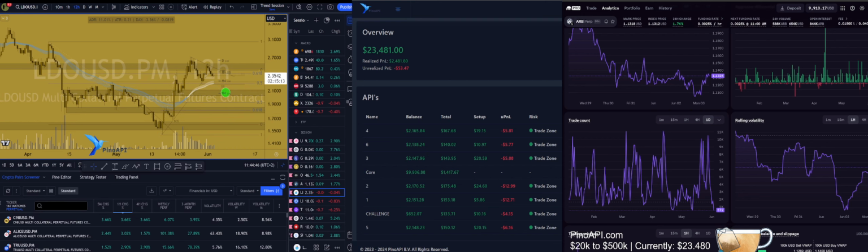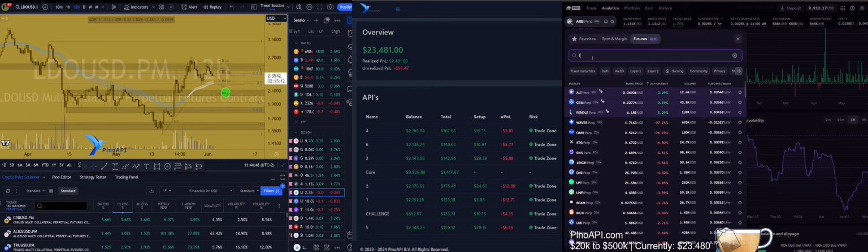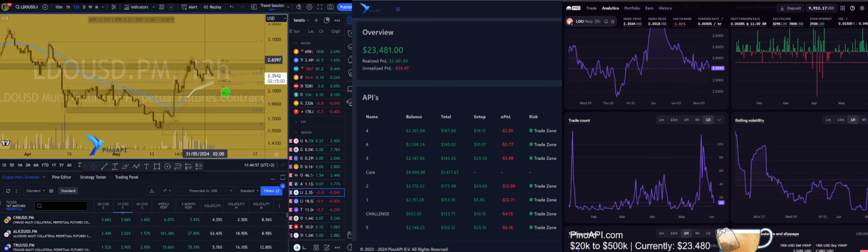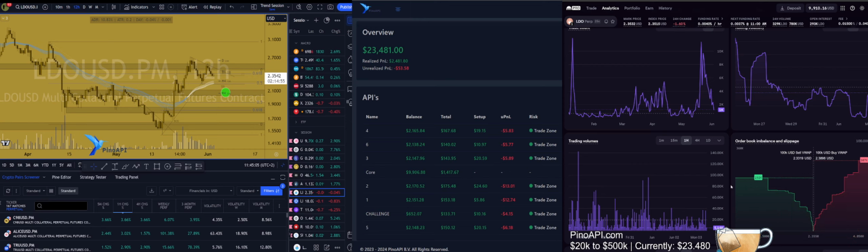In my opinion also looking great. Let's see. Okay, trade count has decreased. So while pumping it went up, and now since we're in a lower high, it starts to decrease.